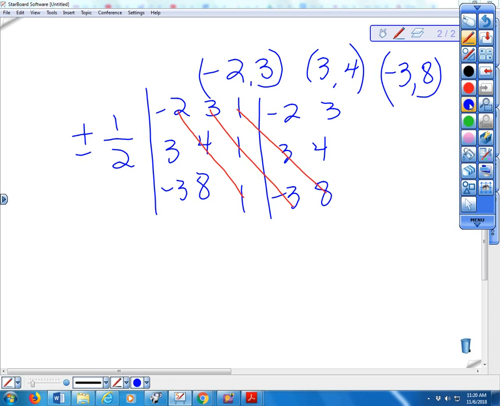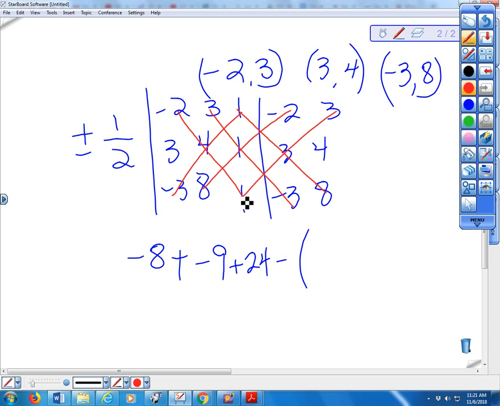Okay? -2 times 4 times 1 is -8. 3 times 1 times -3, -9. And then 24. Right? And then I'm going to subtract the diagonals going the other direction. So this is -12. This is -16. And this is 9.